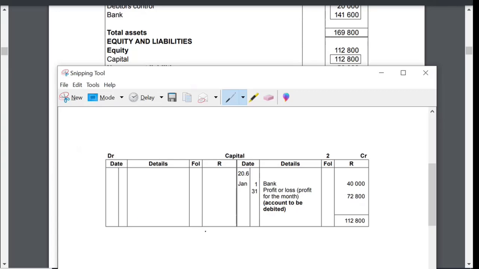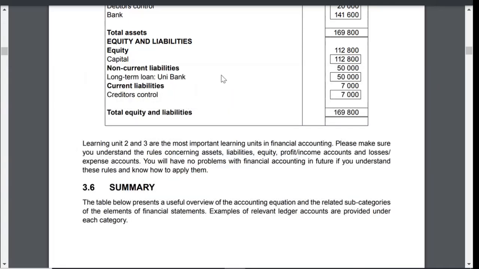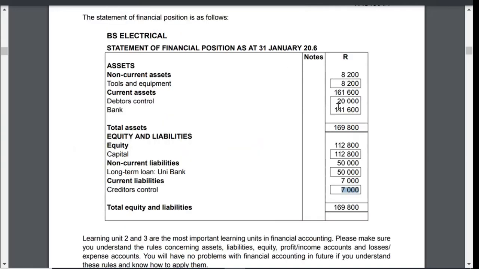The profit in this case is a profit for the month of 72,800. That will give you the 112,800. And the 50,000 is that long-term loan, Unibank, and the 7,000, remember, is that Big Builders, creditor. Yes. So can you see that your statement of financial position also needs to balance?